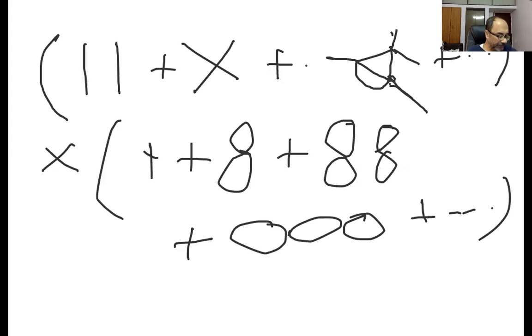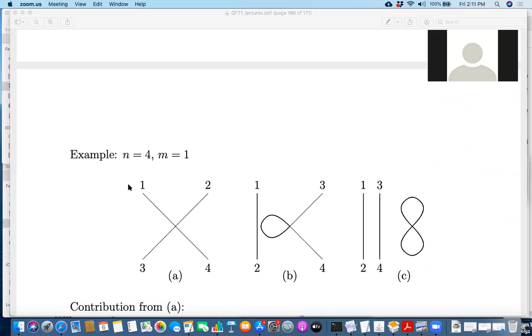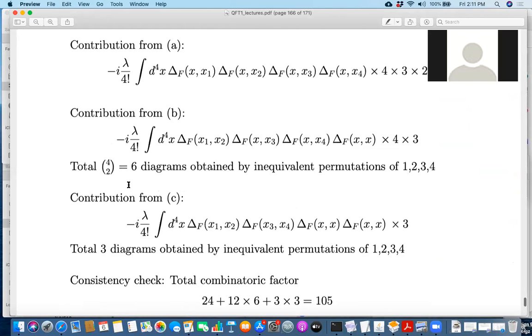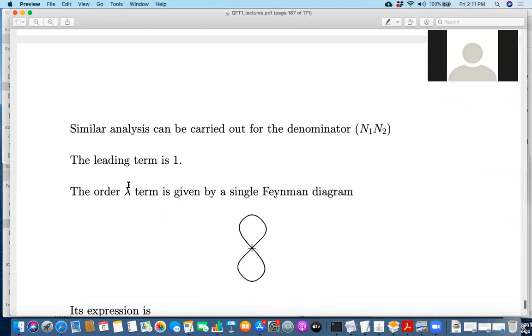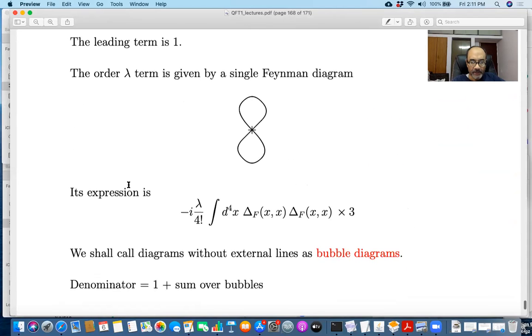Okay, if not, let me go back to the screen again. Hello, sir. Yes, go ahead, please. So the term for when there are 2 bubbles, that can come from different orders of lambda?